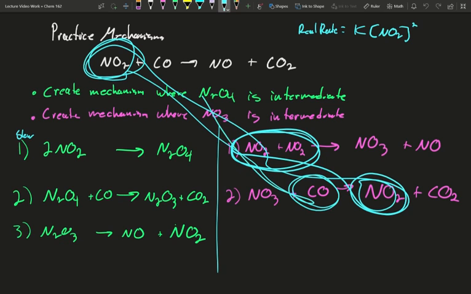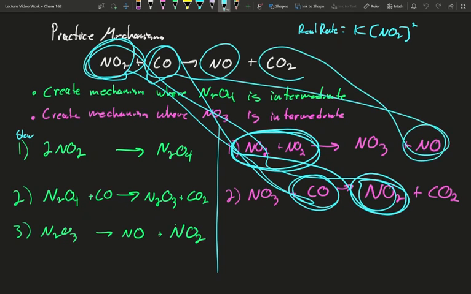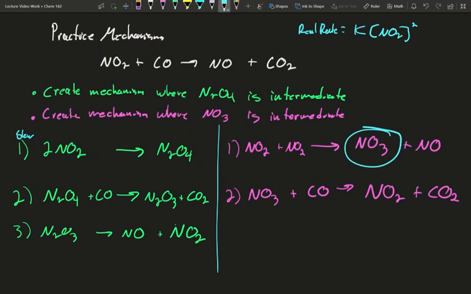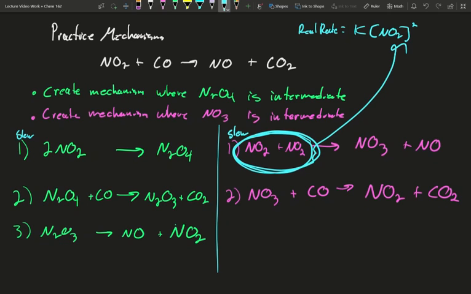One CO went in on the left, got one NO out on the right, got one CO2 out on the right. And my NO3 that was an intermediate got canceled to make the process happen. So here's a mechanism as well. This one only required 2 steps really to play out. And, well, again, if our first step was slow, then it would be dependent on the reactants in that step, and that's 2 of the same starting material. We'd get the same rate law.